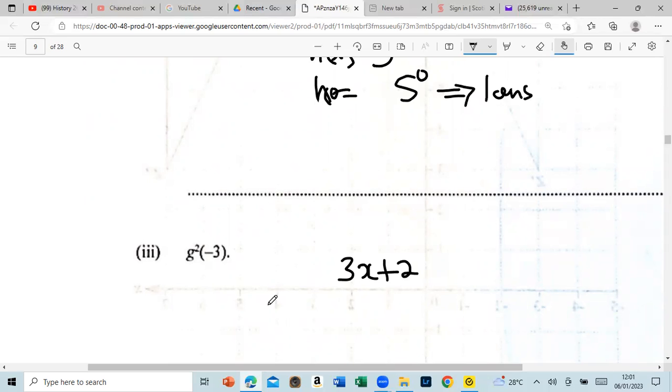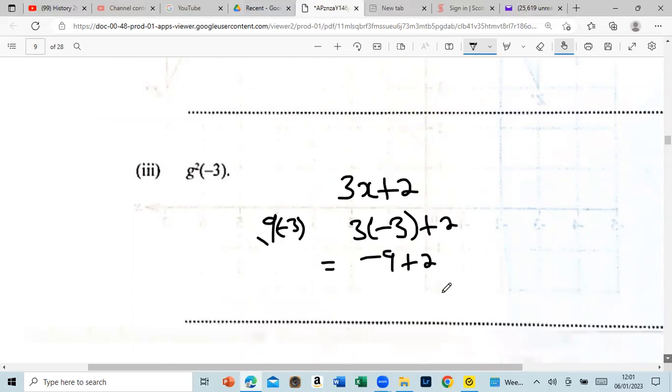So g of negative 3: 3 times negative 3 is negative 9, plus 2, and that's going to give us negative 7.